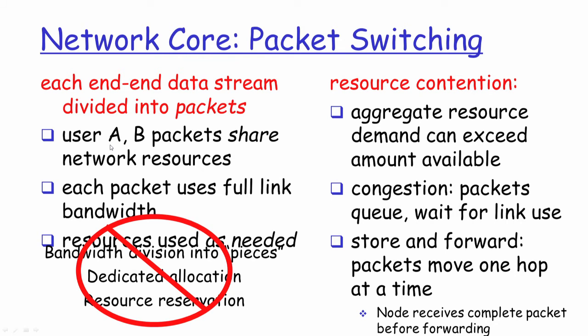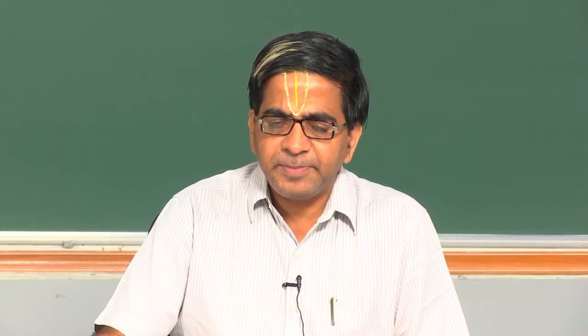Here, resources are used as needed, and there is no prior division of bandwidth saying that this particular piece is going to be used by user A and this piece by user B, like what we had in circuit switching. That was the potential limitation, of not being able to make use of my entire bandwidth in the most optimal manner.